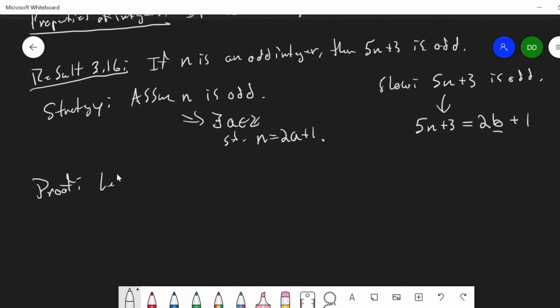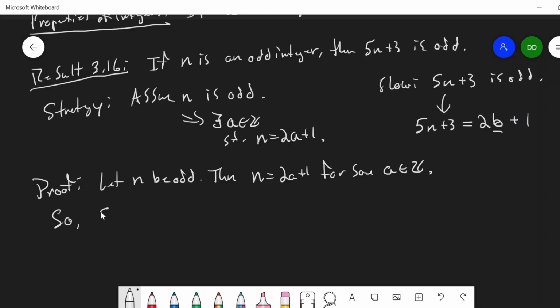So I'll say let n be odd. Then, by definition, n is equal to 2a plus 1 for some a in the integers. And like I said, now that we know what n is in terms of this, we have some expression for n, now we can plug it into 5n plus 3.